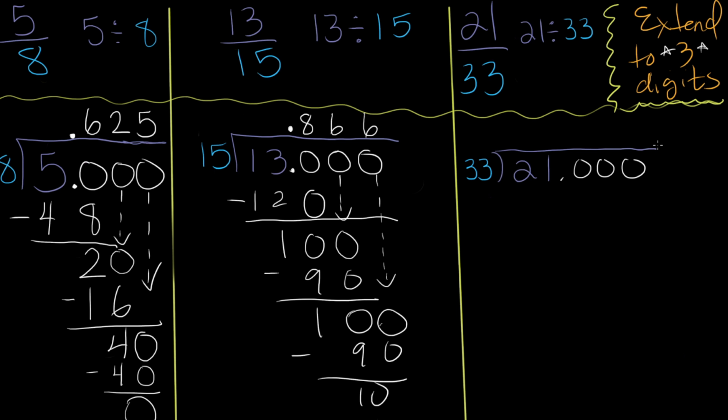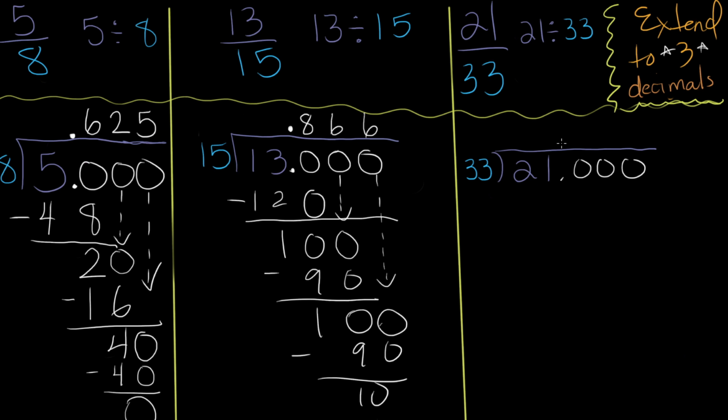I guess the word I wrote might be the wrong word, so let's erase this, and I'm actually going to change this to the word decimals. Okay, so let's get started now.